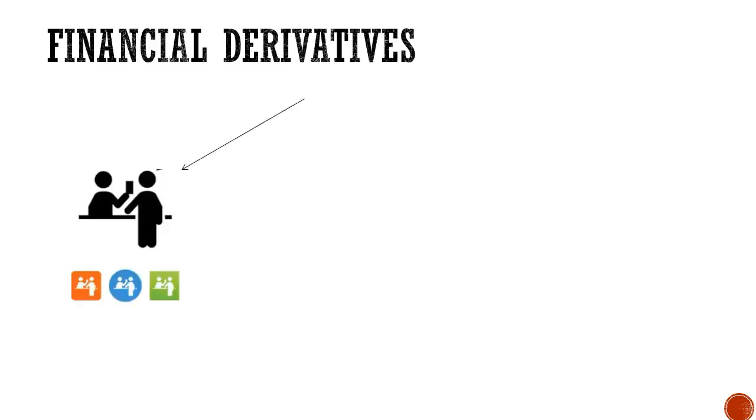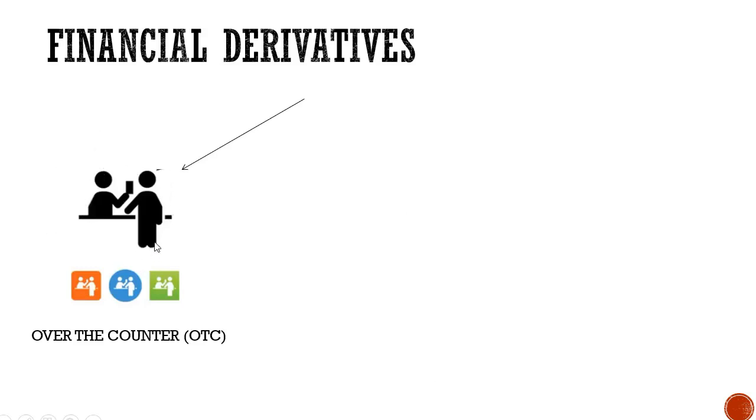Okay, now let us learn how are derivatives traded. So the financial derivatives in current scenario are traded on two terms. The first, the derivatives are traded on a term called as over the counter or OTC. Here the buyer and seller trade face to face.